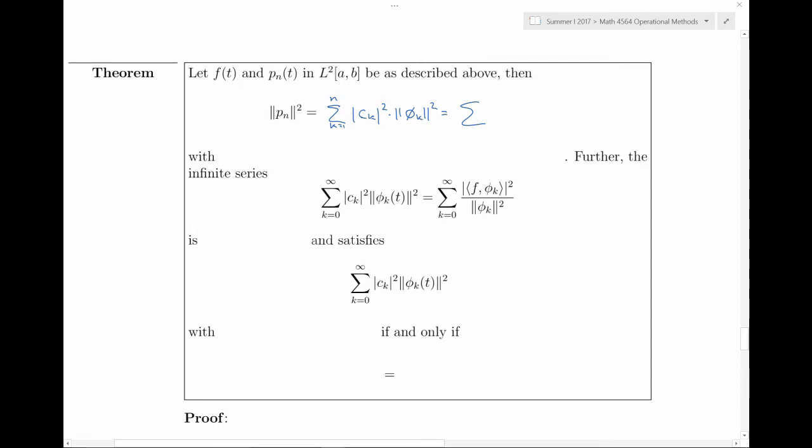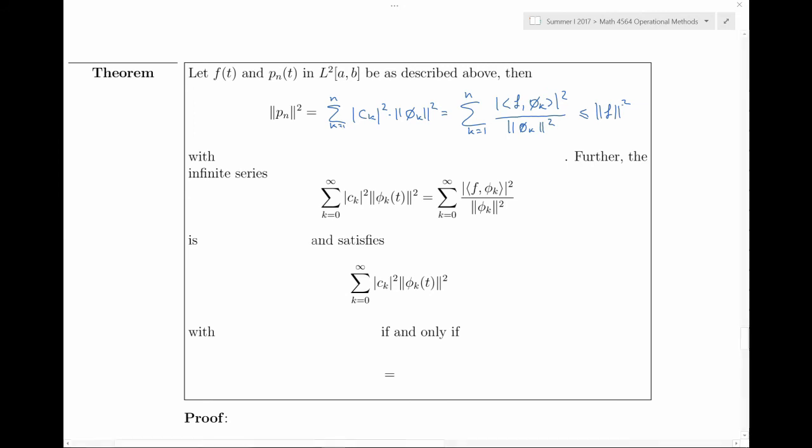The absolute value of ck squared is going to be the absolute value of the inner product of f with phi k squared divided by the norm to the fourth, which then cancels out with the norm squared, giving us the norm of phi k on the bottom squared. And this summation is always going to be less than or equal to the norm of f squared.